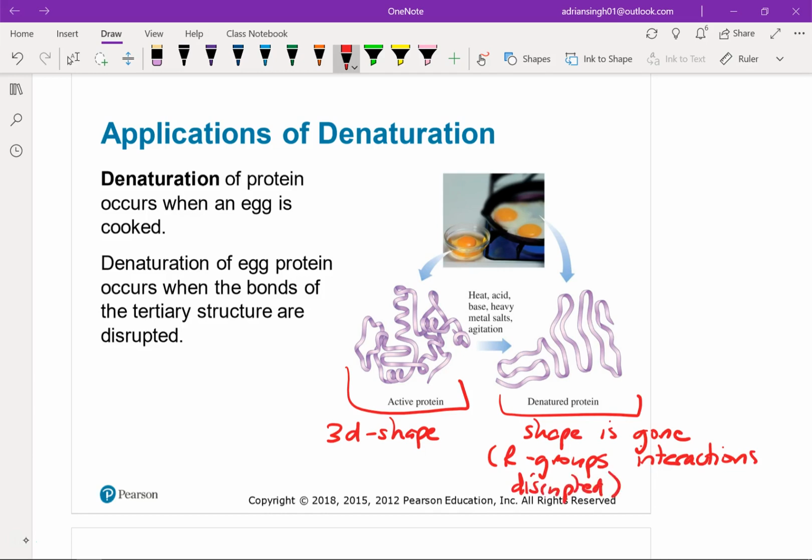But you haven't affected the primary structure. So let's say this was your N terminus over here, and this was your C terminus. You still have your N and C terminus. You still have the amino acids linked together. It's just that they're not in the correct shape right now. The three-dimensional shape of the protein is obviously not what it is compared to its active form.